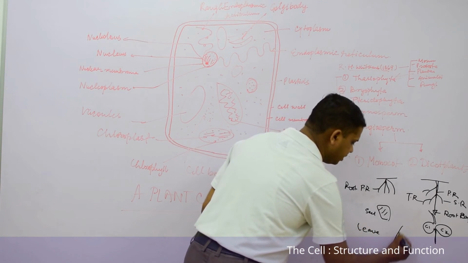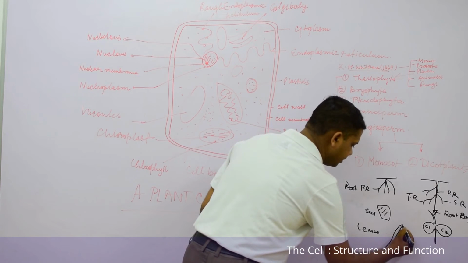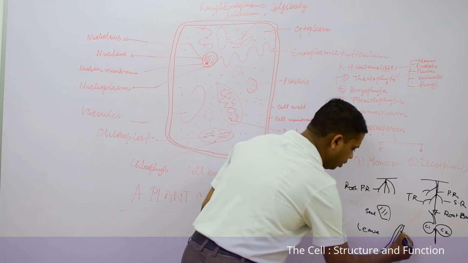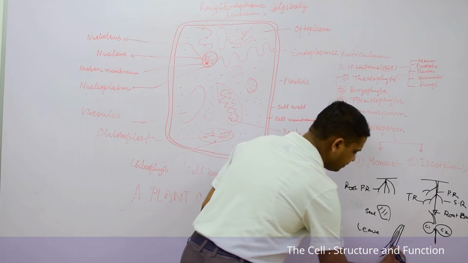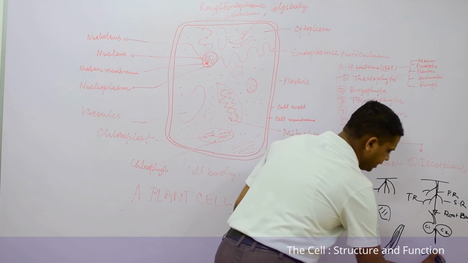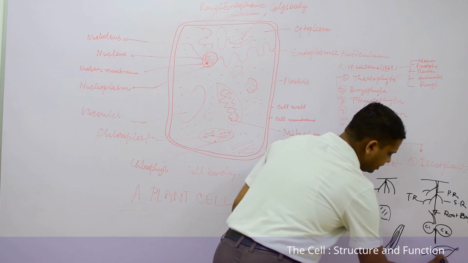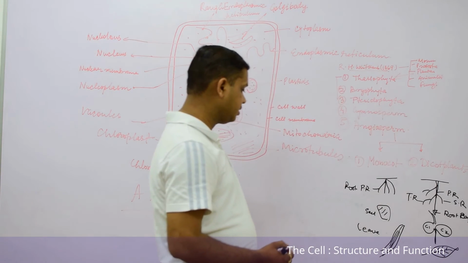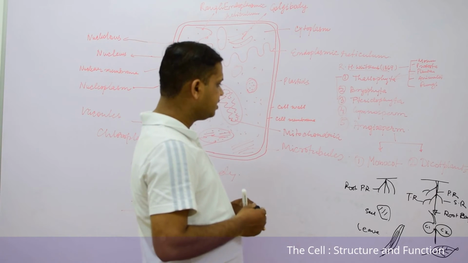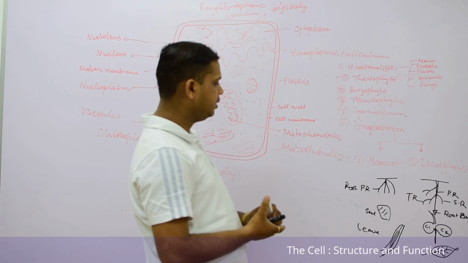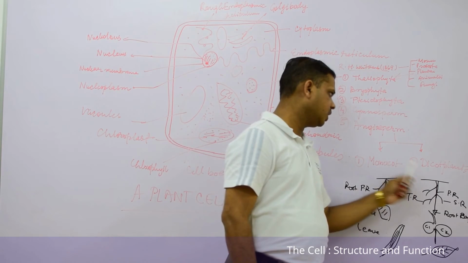In monocot, the leaves have a midrib with parallel venation. But in dicot, reticulate venation is clearly seen in the leaf. On these bases, we can define whether the plant belongs to monocot or dicot.